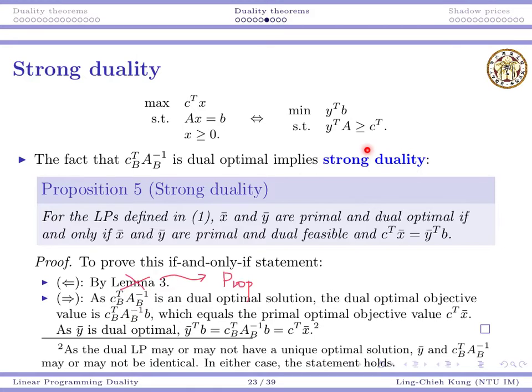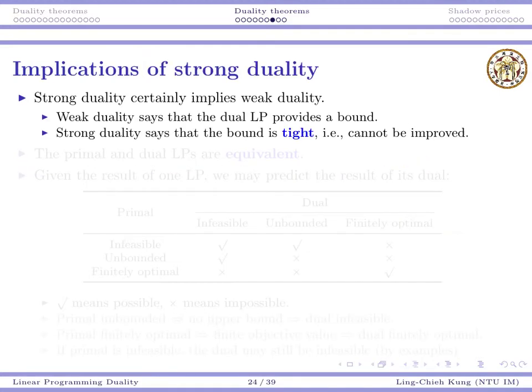We are not sure whether y bar and CB transpose AB inverse are the same thing. But even if they are different, that's fine, because they have the same objective value. Otherwise, they cannot both be optimal, right? So we still have y bar transpose b equals C transpose x bar. So this relationship is actually if and only if.